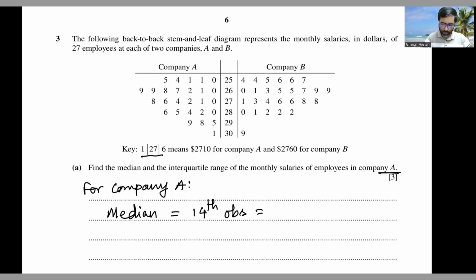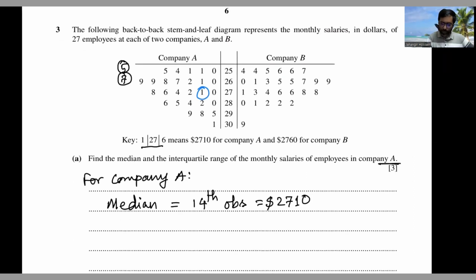You see, we have 5 here, we have 7 here, 12. So the 14th is this one. 2710 is the median. 2710 dollars is the median salary of the employees in company A.